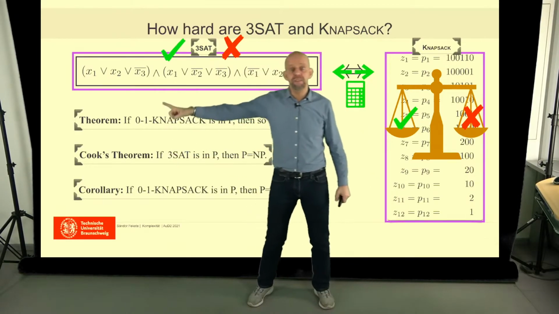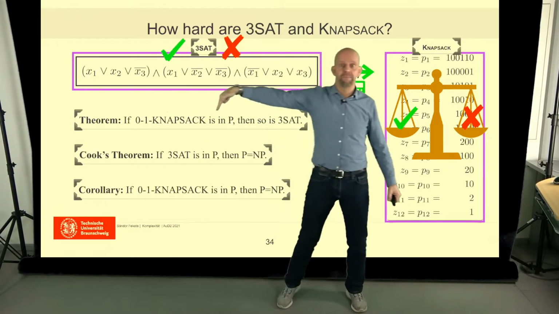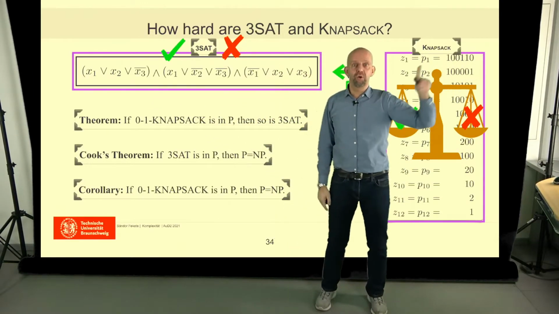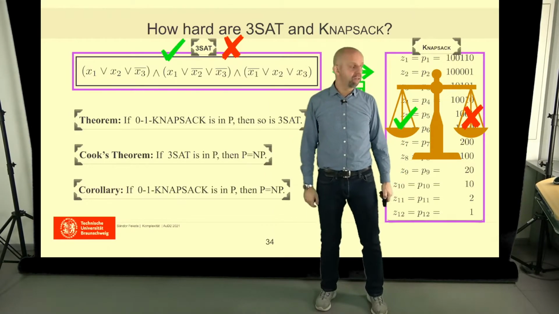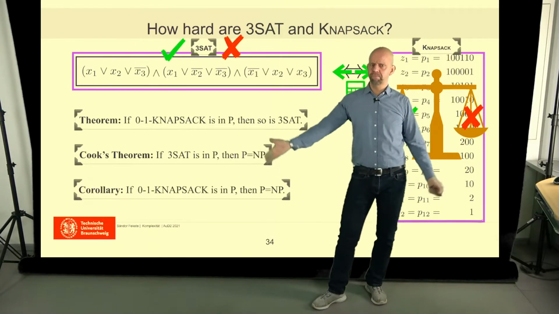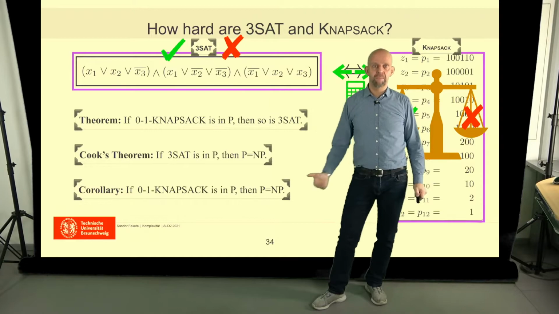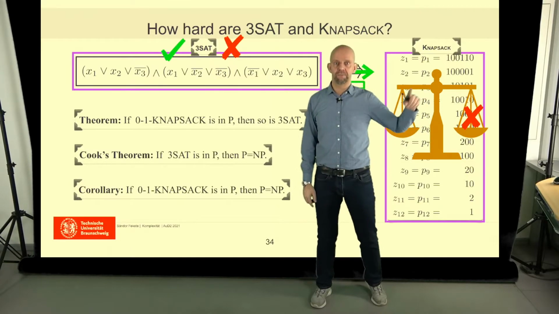Which also means that if somebody had such a good algorithm here on this side, then this very unexpected thing would happen. And that is bad news, if you want, because you shouldn't expect that such an algorithm exists.